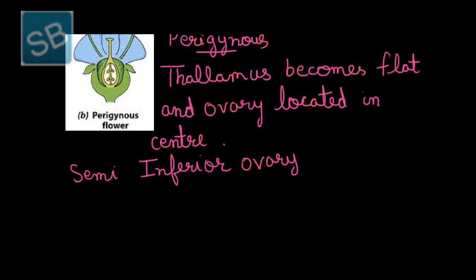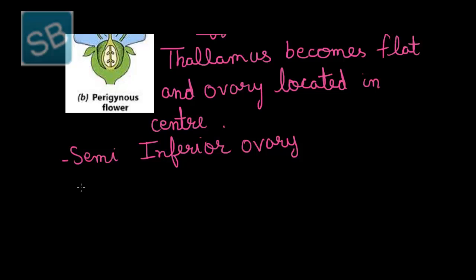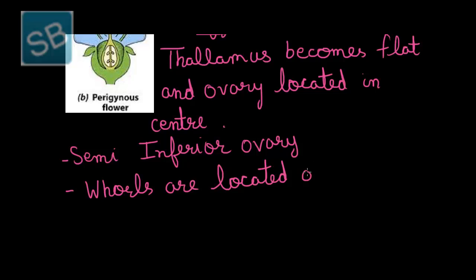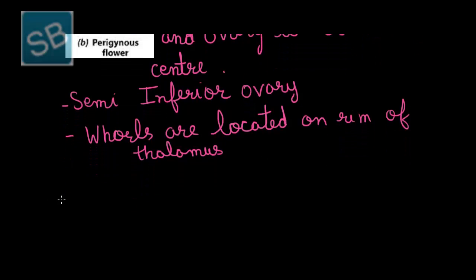Other whorls of the flower are located on the rim of thalamus. Example of this type is rose and Caesalpinia.